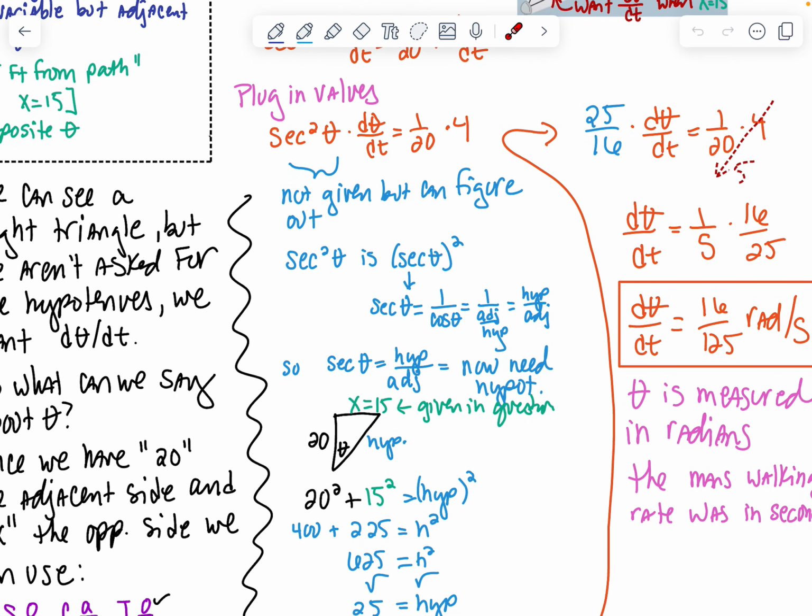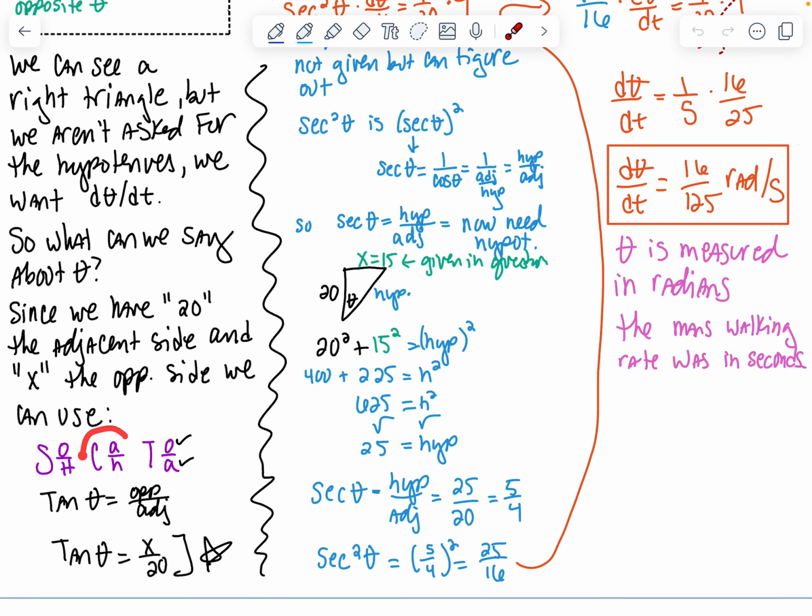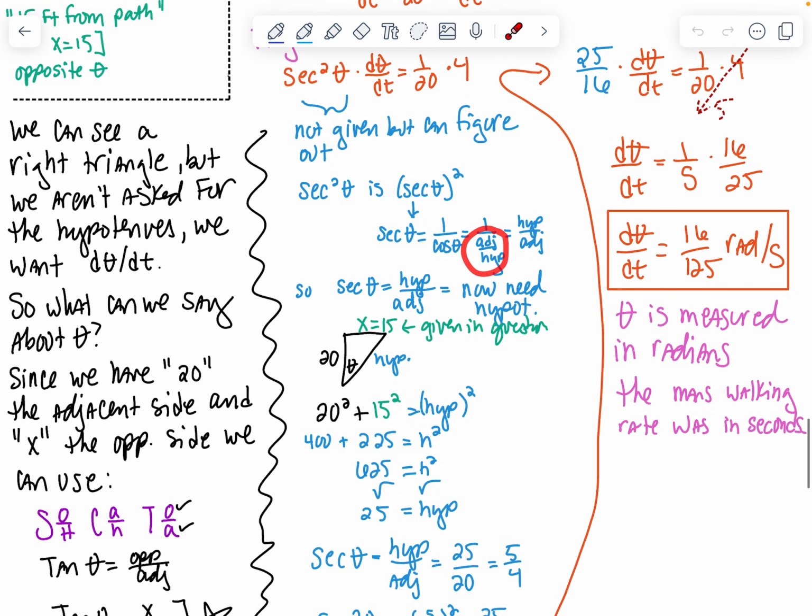Keep in mind, even though we're not given anything from the figure for theta, or in this case, secant squared of theta, we can figure this out. Secant squared of theta is the same thing as the secant of theta squared. So we can focus on secant of theta first. Maybe you know that the secant of theta is the hypotenuse over the adjacent, but if you didn't, hopefully you at least remembered it's 1 over the cosine. And as we stated a few minutes ago, cosine is adjacent over hypotenuse.